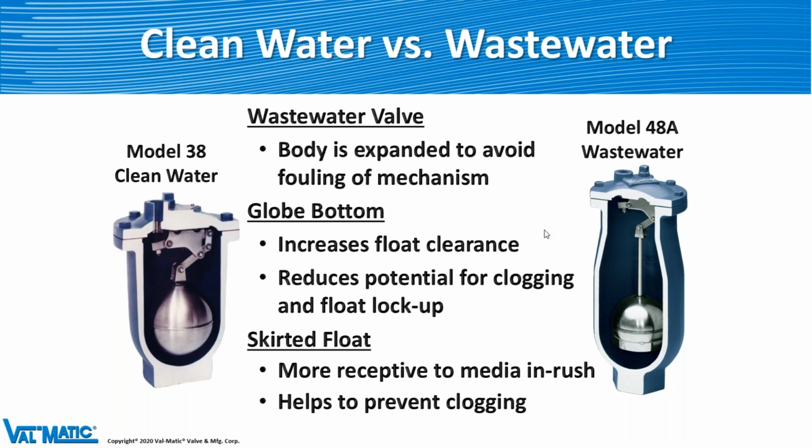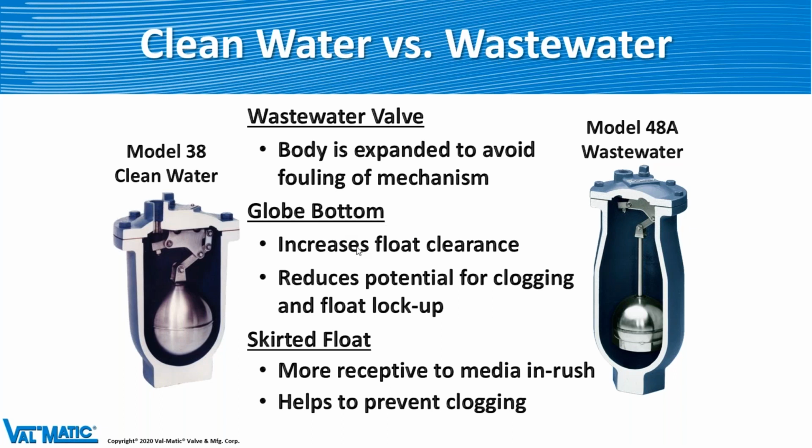To give you an idea of the difference between a standard air valve and a wastewater treatment valve or sludge air valve: on the wastewater air valves, the body is extended, and that's to avoid any fouling of the mechanism up here.